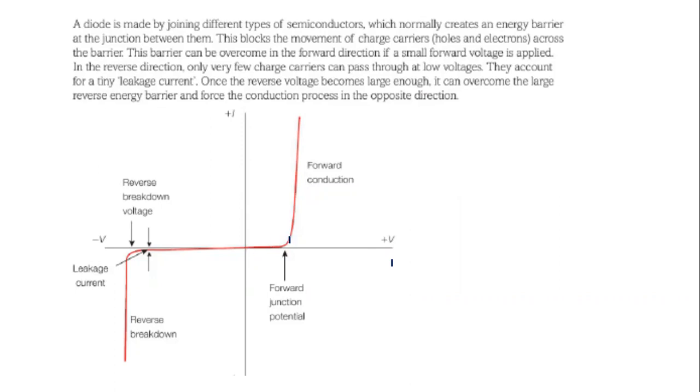In the forward direction, even a little bit of voltage is enough to allow the electrons to overcome the barrier and start traveling from negative to positive and allow the conduction of electrical current. In the reverse direction, this barrier cannot be overcome, but this only happens at low voltages. Once the reverse voltage becomes large enough, it can overcome this energy barrier, and it can also allow the current to travel in the opposite direction.